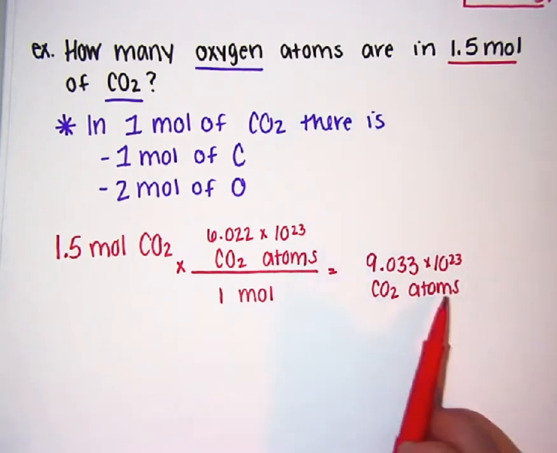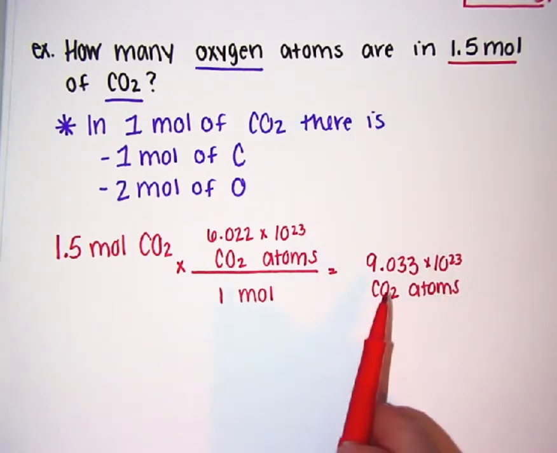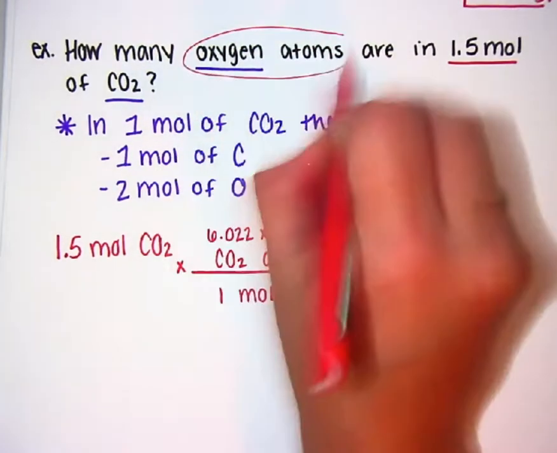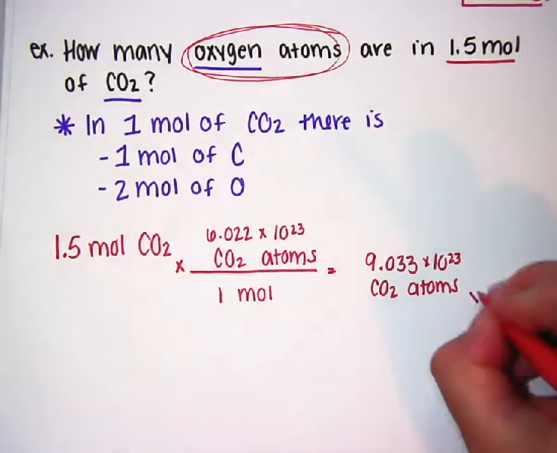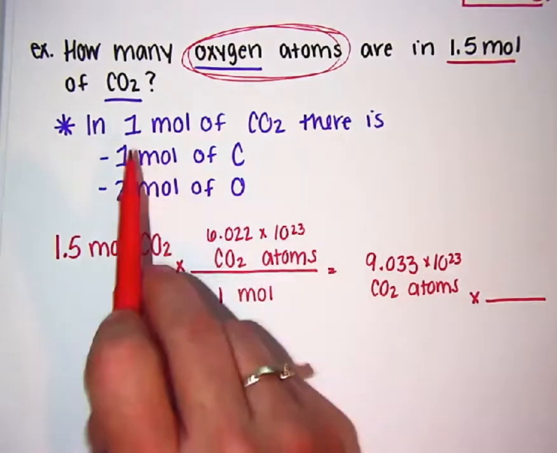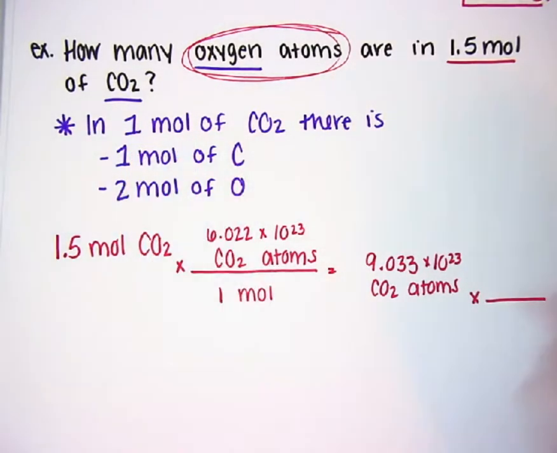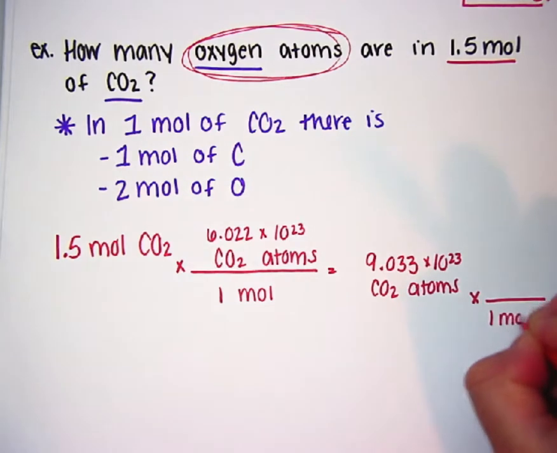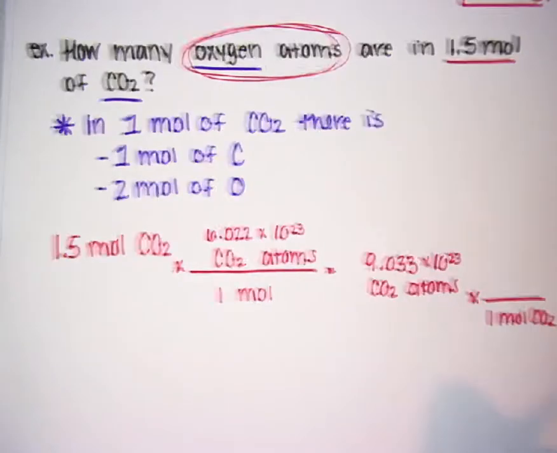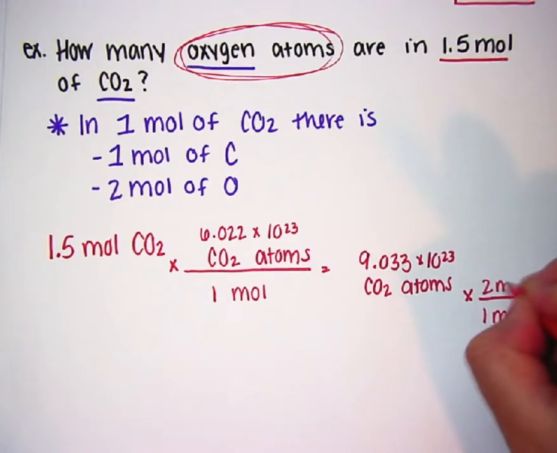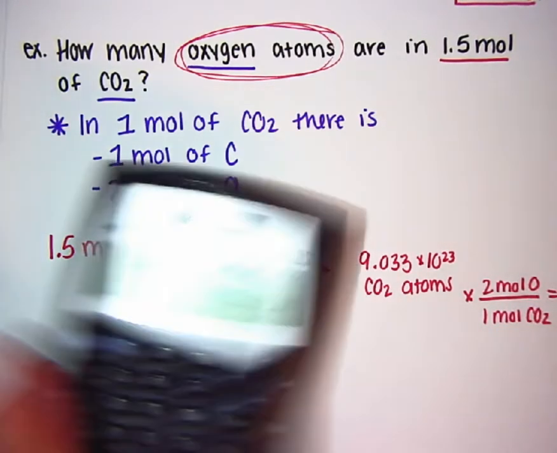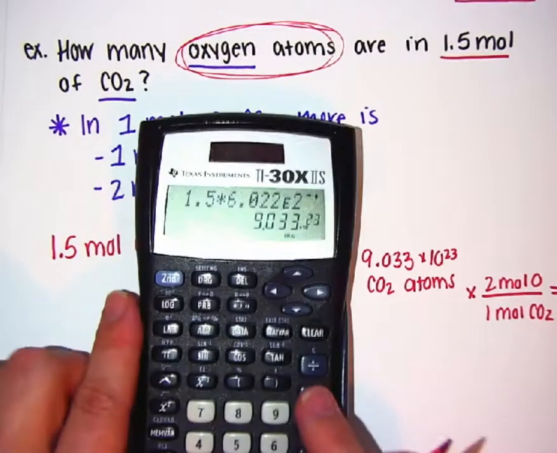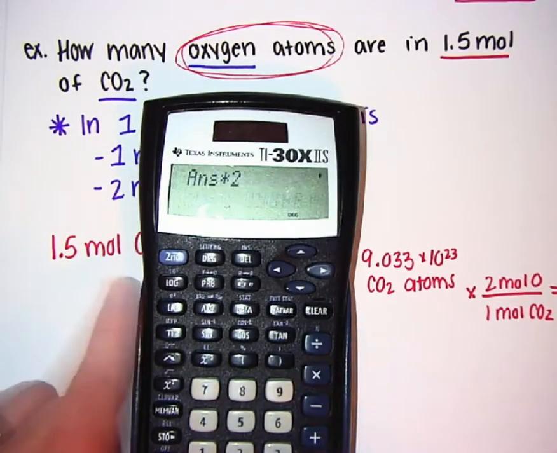The reason this is not the right answer is because this is how many carbon dioxide atoms we have. I want to know how many oxygen atoms there are. Well, for every 1 mole of CO2, there are 2 moles of oxygen. So all you have to do is take your final answer and multiply it by 2. I have twice as much oxygen.